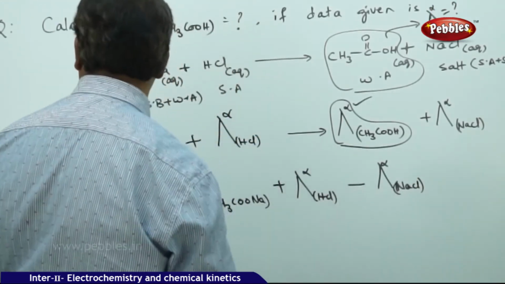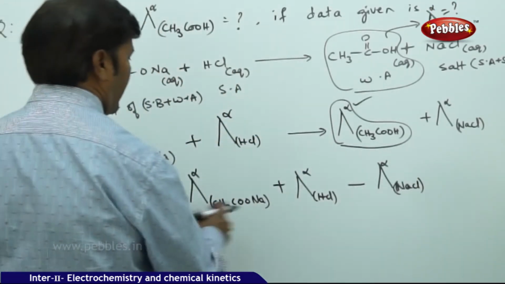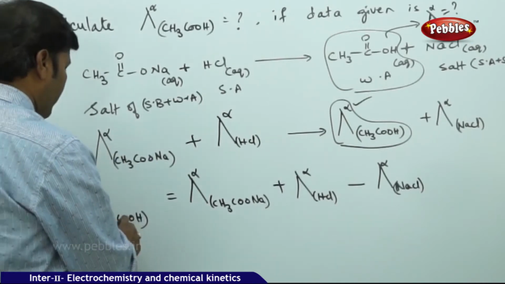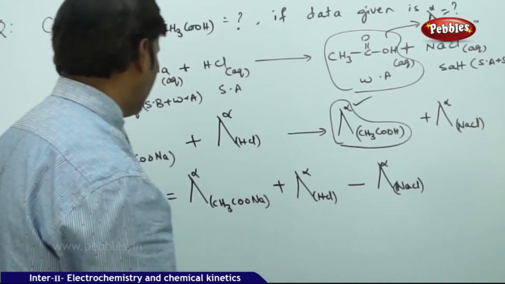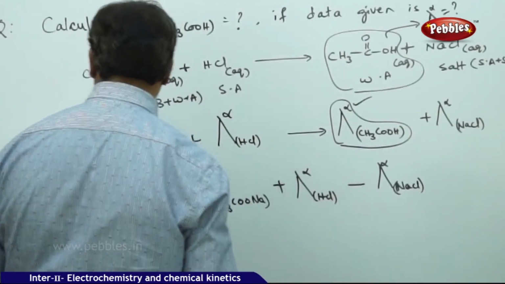The best thing we can do here is expand this. If you expand this step, then we can calculate the equivalent conductance of the weak electrolyte, that is acetic acid.